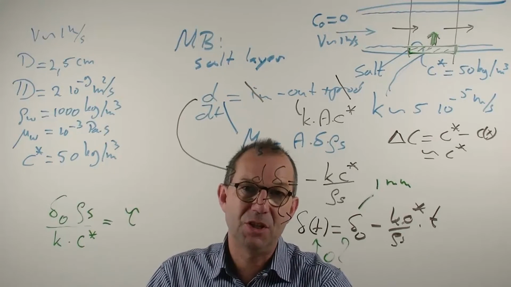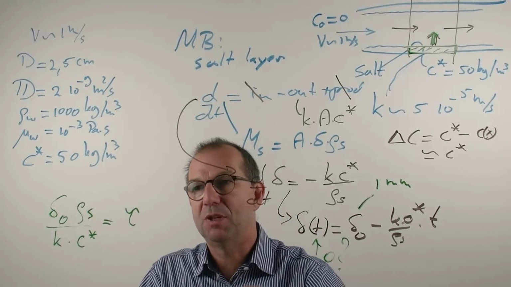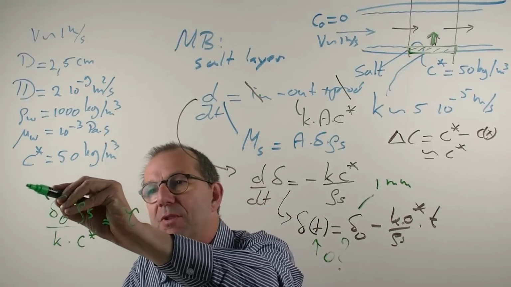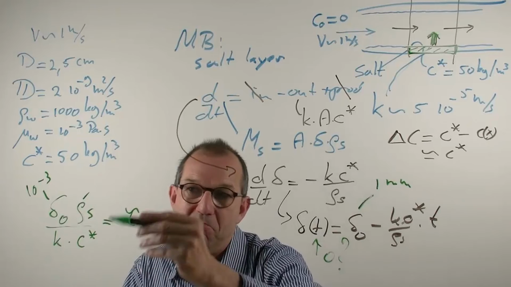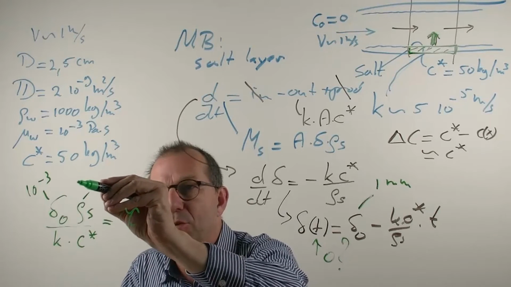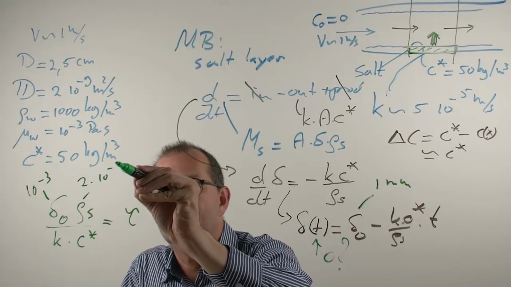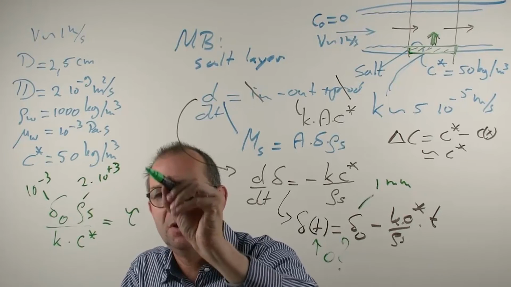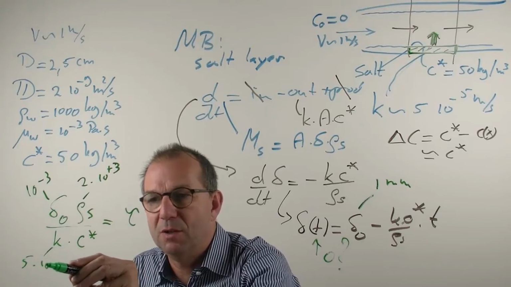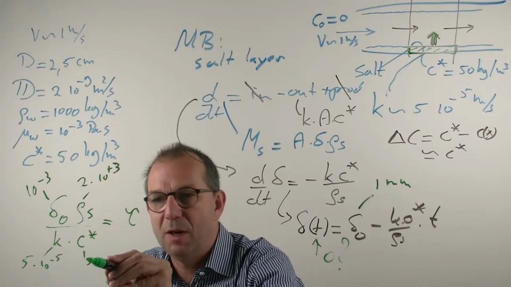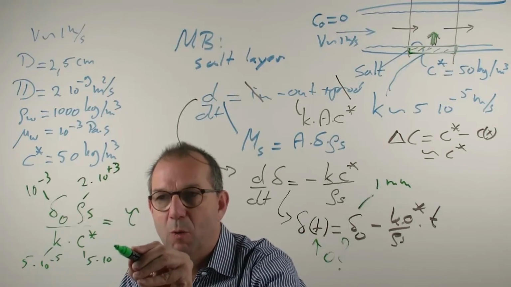And this is a nasty surprise. Let's put in some numbers. We had this 10 to the minus 3 meters. Density of salts, easily twice that of water, so let's put it at 2000, 2 times 10 to the power 3. This one we already had, K 5 times 10 to the minus 5, and C star was 5 times 10 to the power 1.